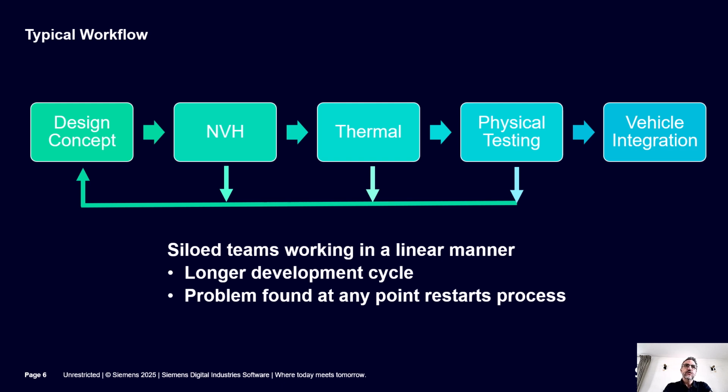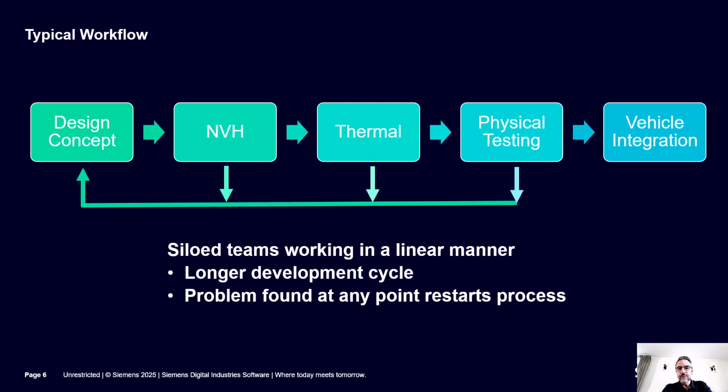Looking at the traditional development process, what we still see a lot in companies is the trend to have siloed teams, separated teams dealing with the different attributes of the vehicle, dealing with NVH, dealing with thermal, dealing with the physical testing and with vehicle integration.